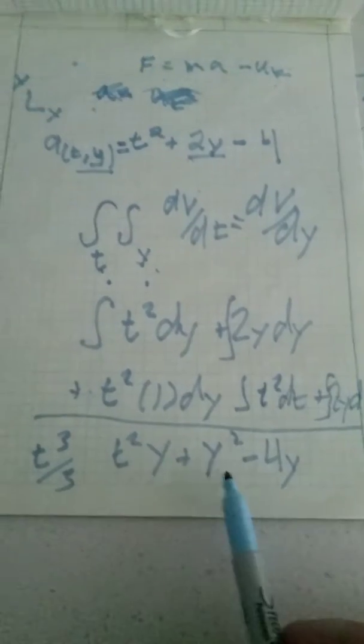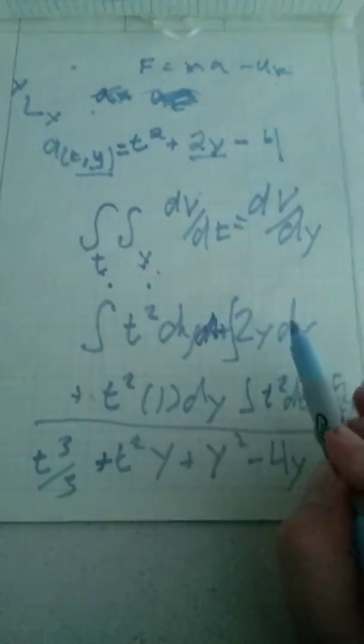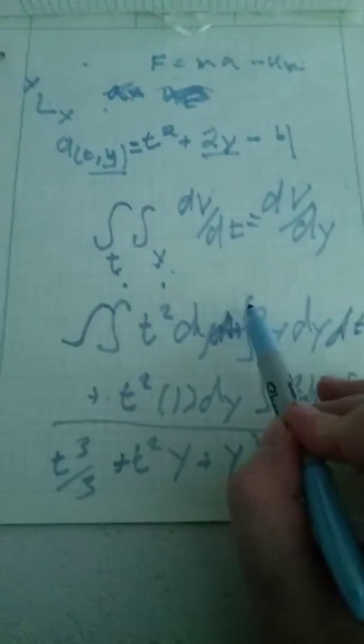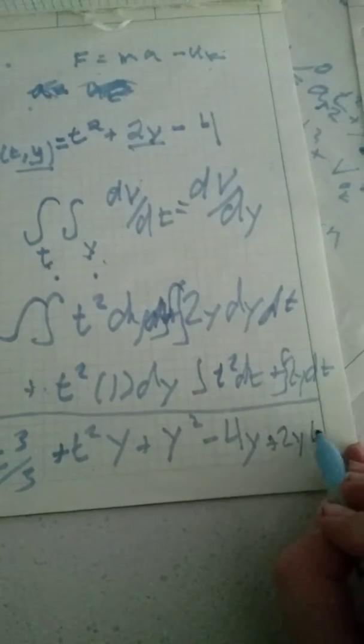So you have t squared y plus y squared over 2 minus 4y, and then you're adding in the t to the third over 3 because you're integrating t squared dt. So we add a second integral. The integral of 2y dt is 2yt. And the integral of negative 4 dt is negative 4t.